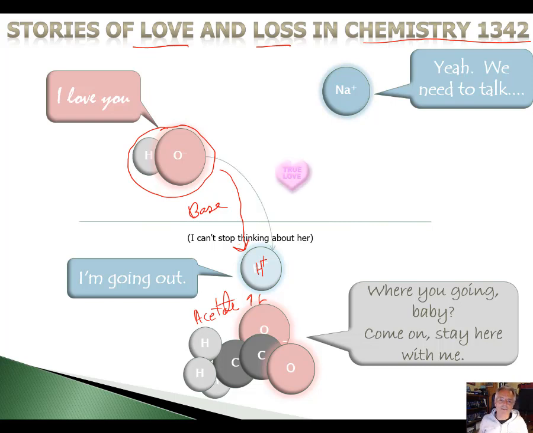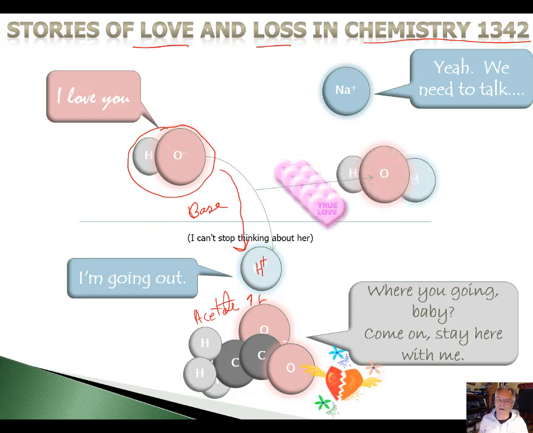And it kind of looks like this. True love. And these guys are going to get together and they're going to make one of the most stable compounds around, water. Now, sodium cation isn't going to participate. It's going to buy a Harley and kind of tool around the country.